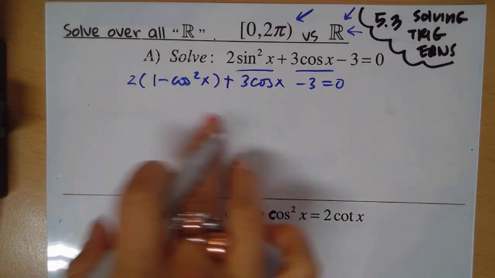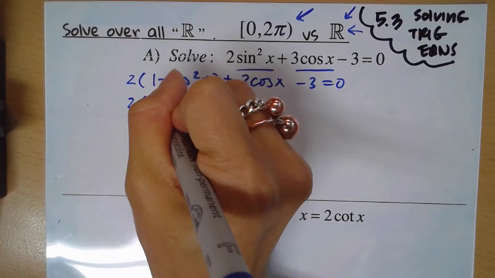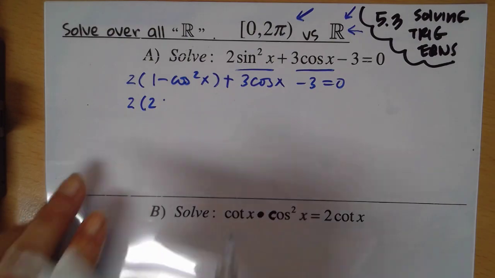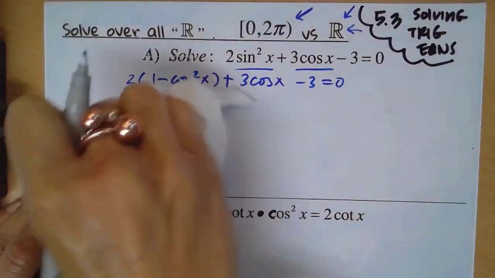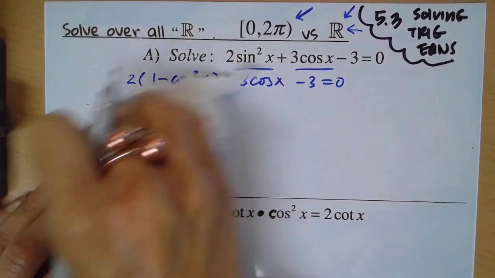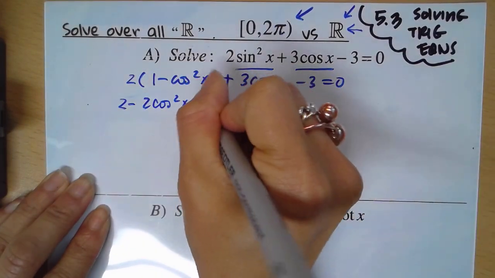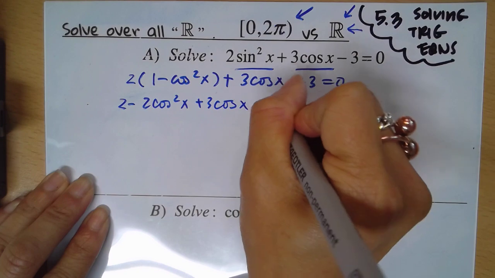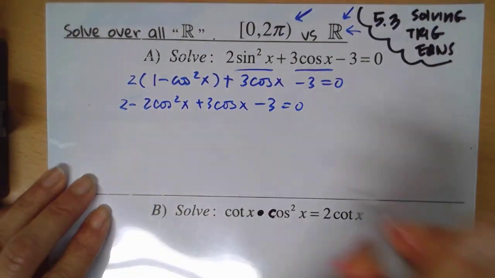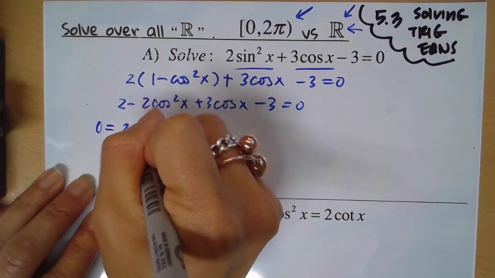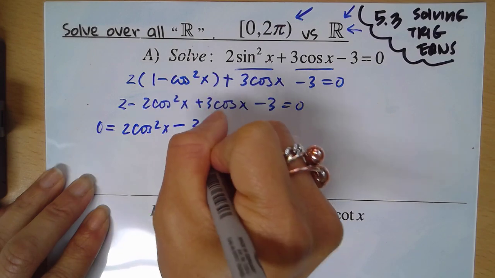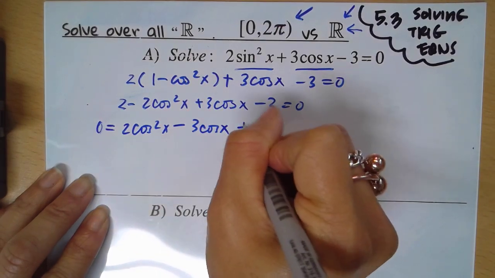Now I'm going to multiply that in, so I'm going to distribute. So it should be 2 minus 2 cosine squared x plus 3 cosine x minus 3 equals 0.